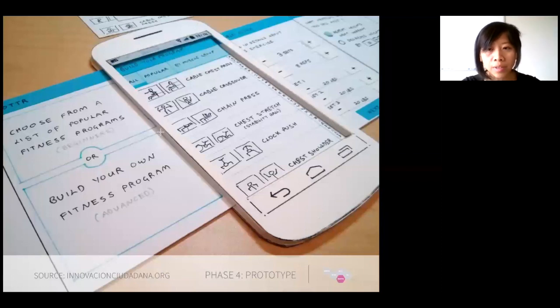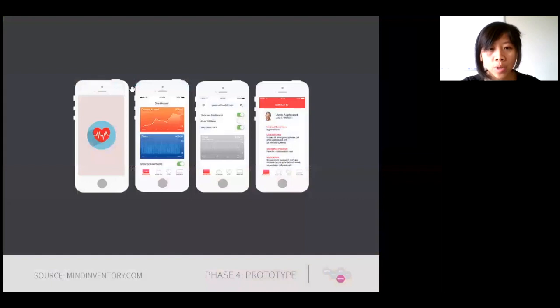And once you've done that, you would then go on to the second phase, which is called mockups. And this is where you focus on the UI part of the design. So for design, a lot of times you will hear words like UI, UX. UI is the user interface. This is the aesthetic appeal of it. And UX is the user experience, where you really want to work on things like, are the buttons confusing to the users?